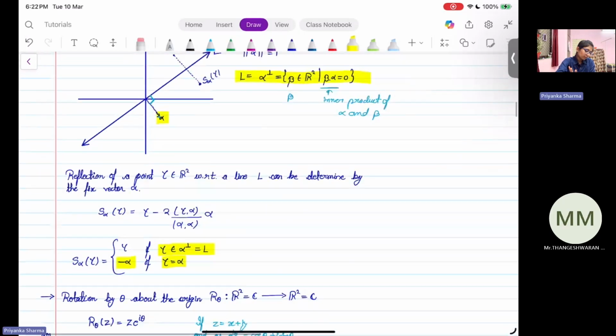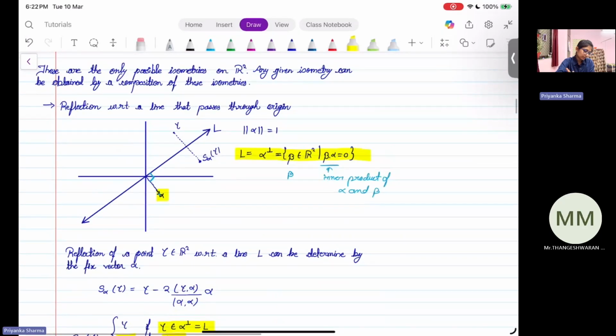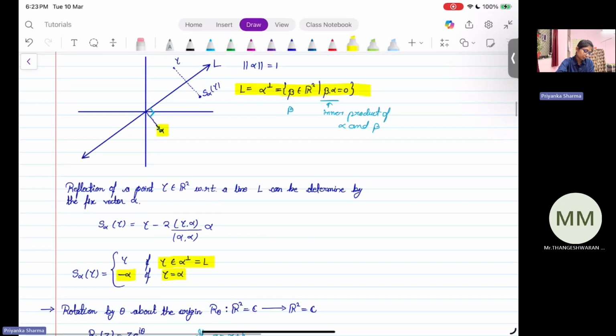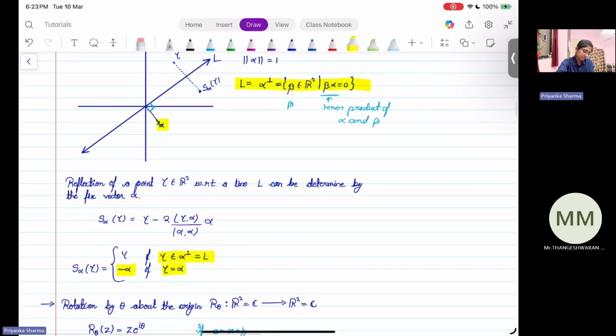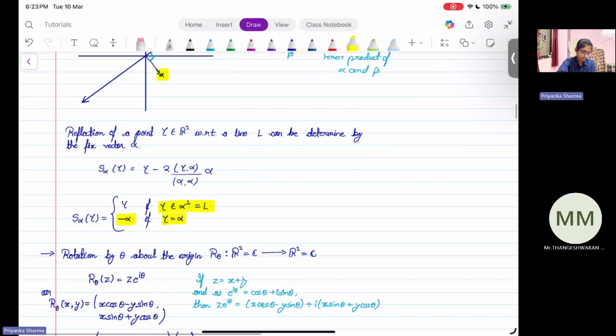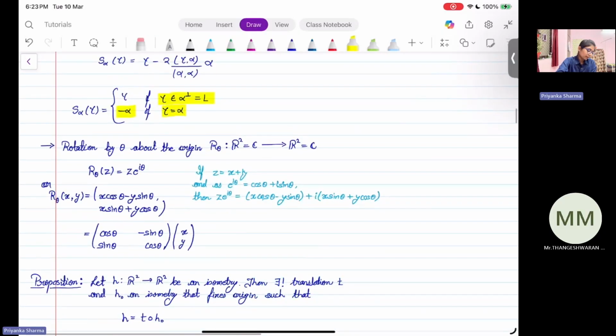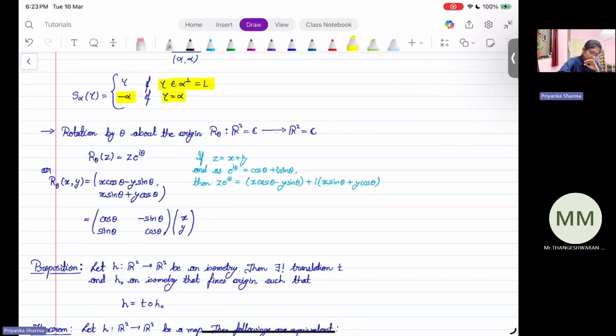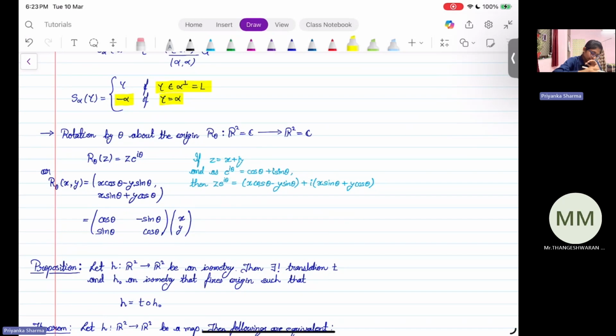Okay, if you want detailed proof or explanation of these things, then you can refer to the lectures by the course instructor. Here we are just summarizing the topics, and then we will go to the question answers.